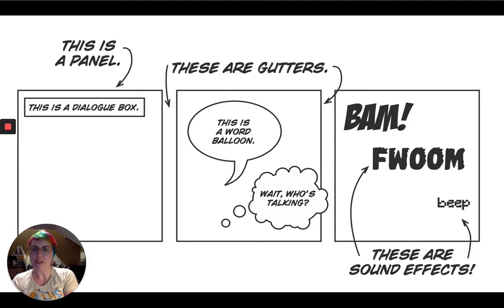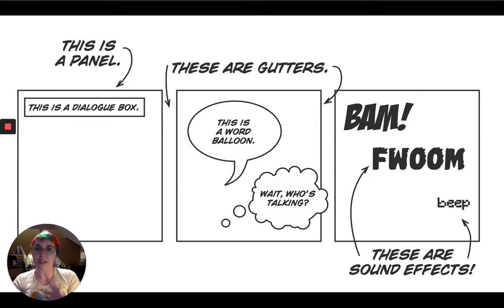Imagine that you're watching a movie and you hear a narrator talking over the scene, telling us something from another person's point of view or information that maybe the characters don't have. That's similar to what a dialogue box does. It's like a voiceover or a narrator, or information that we get some other way.